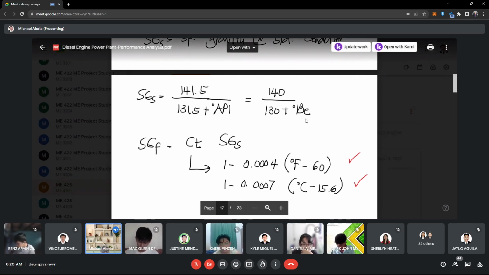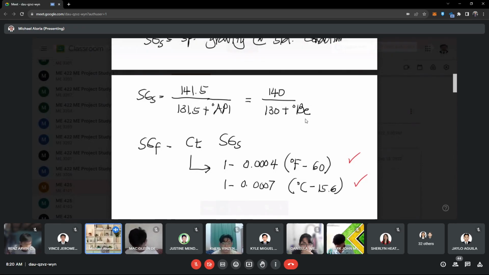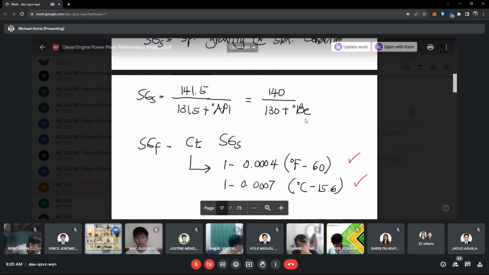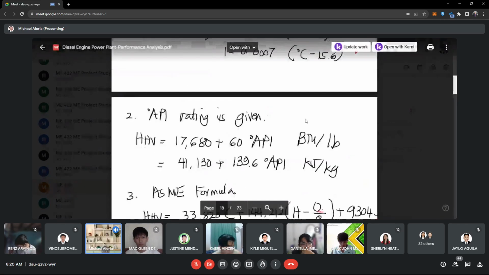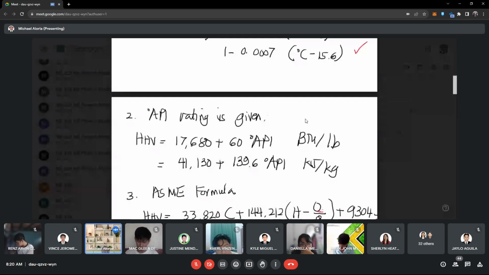So we can now compute your specific gravity of a fuel at a given temperature, whether in degree Fahrenheit or in degree Celsius.